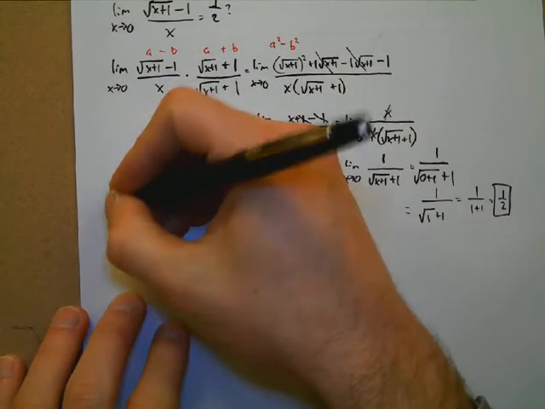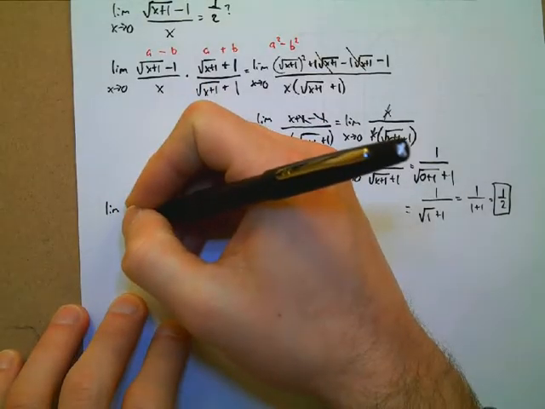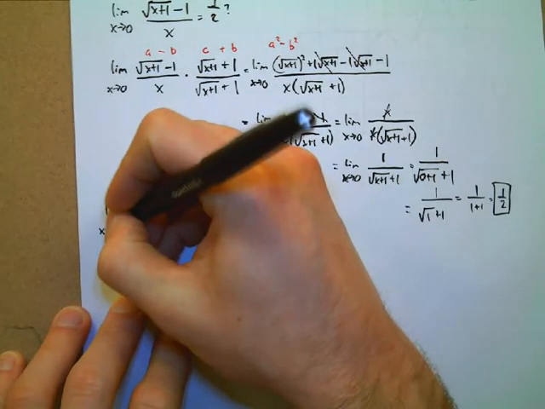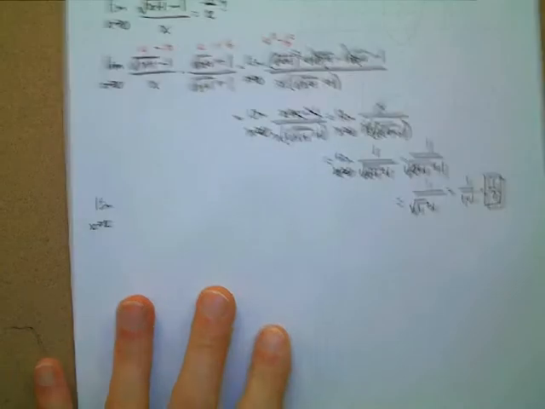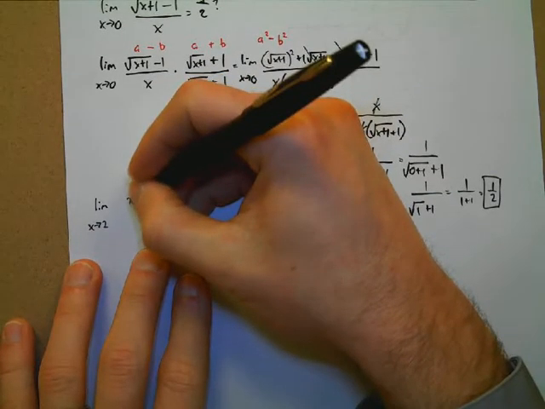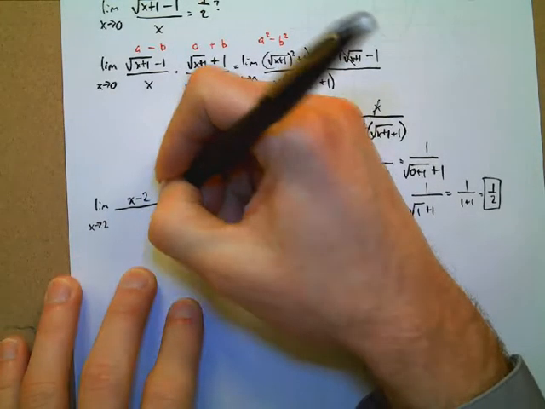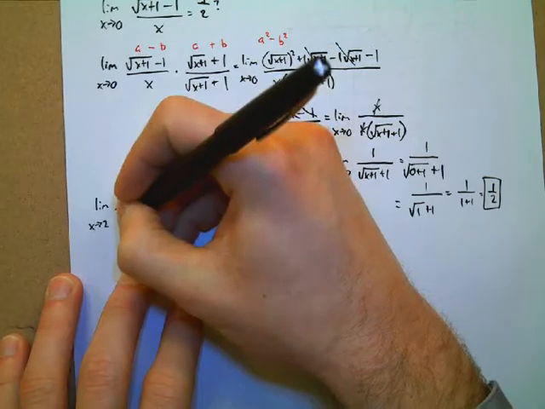Alright, the limit as x approaches 2 of x minus 2 over 3 minus the square root of x plus 7.